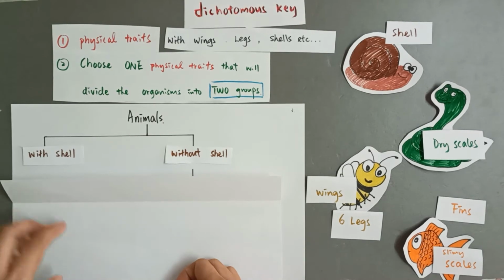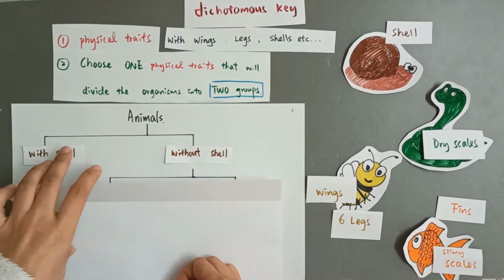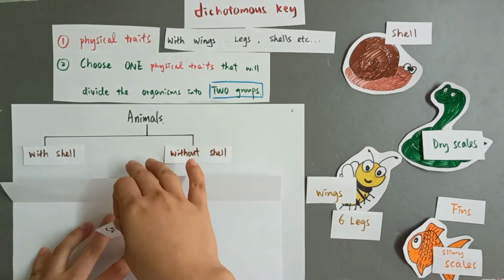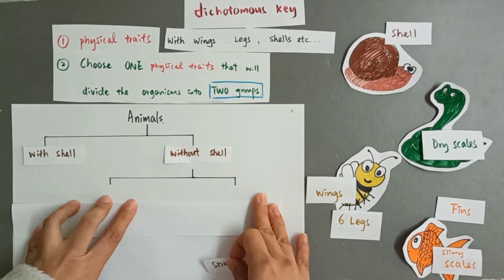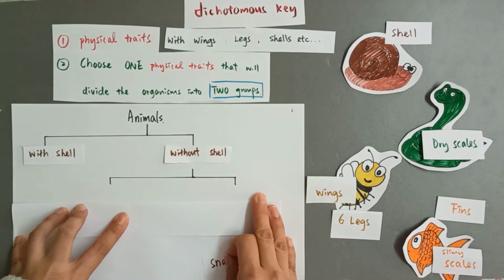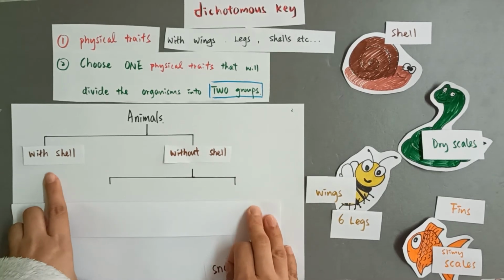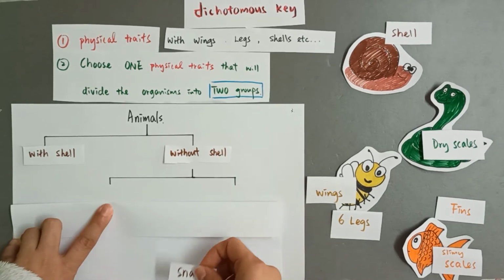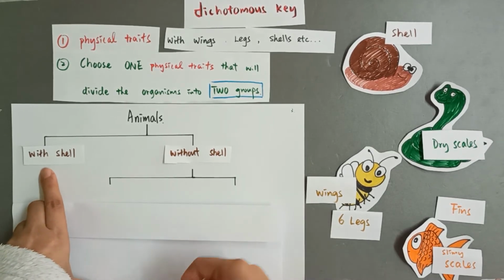So after all, you need to write down with shell and without shell, and then we proceed to the next step. We divided the organisms into 2 groups, and only one organism belongs to the group with shell, so we cannot divide this group further.